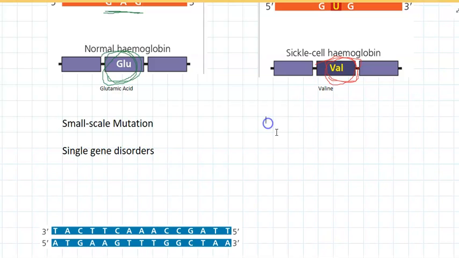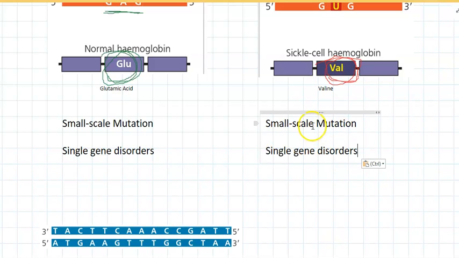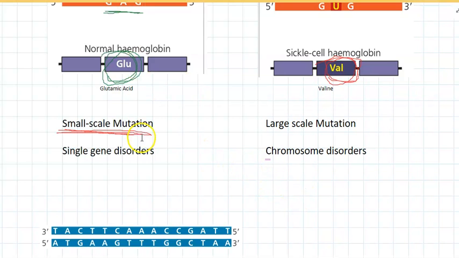But remember, there is another type of mutation, which is called large-scale mutations. And they're the ones that involve whole chromosomes changing or having too many copies of a chromosome. And remember, they're the ones that cause chromosome disorders. So we're focusing on small-scale mutations here. And there's 2 types that can happen.